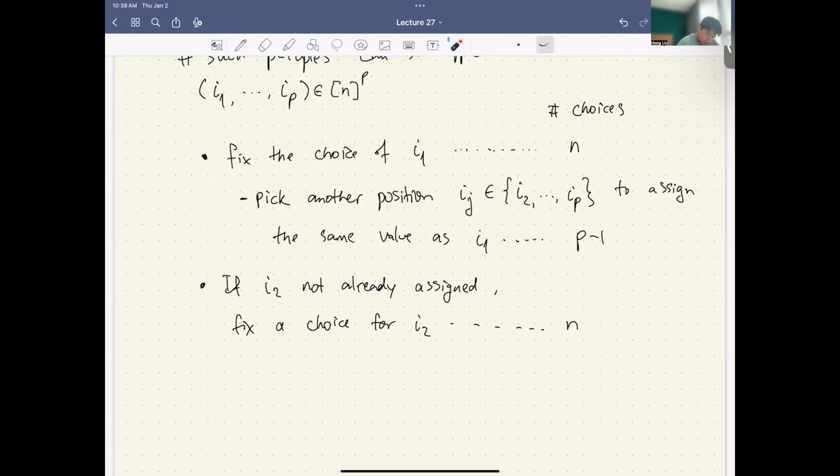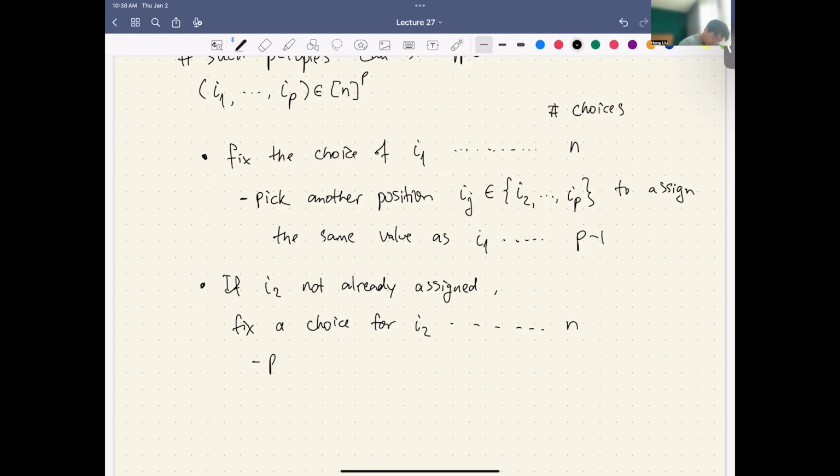Then we know I2's value must also appear somewhere. This I2 value must appear at least twice. But what if I2 picks the same value as I1 picked? Let me first write it down, and then we do the same thing.